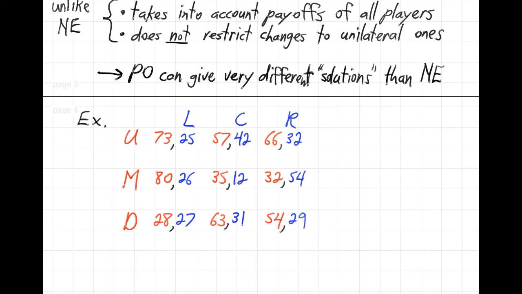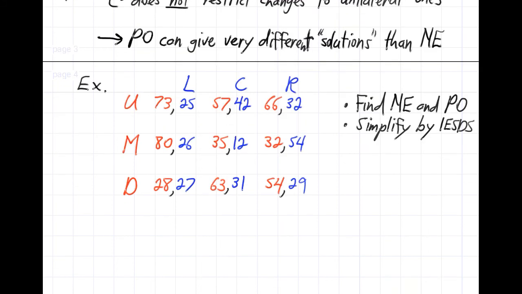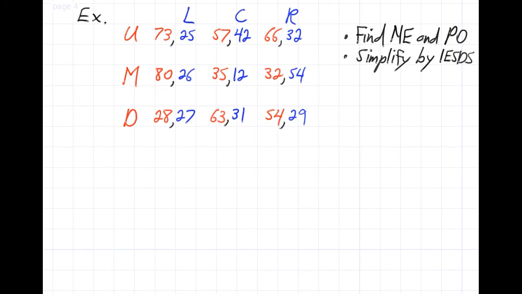Okay, so we have a payoff matrix here, and let's set up the task. We want to find the Nash equilibria and the Pareto optima, and we want to go through the process of simplifying by using IESDS. Okay, so let's start by looking at the Nash equilibrium.